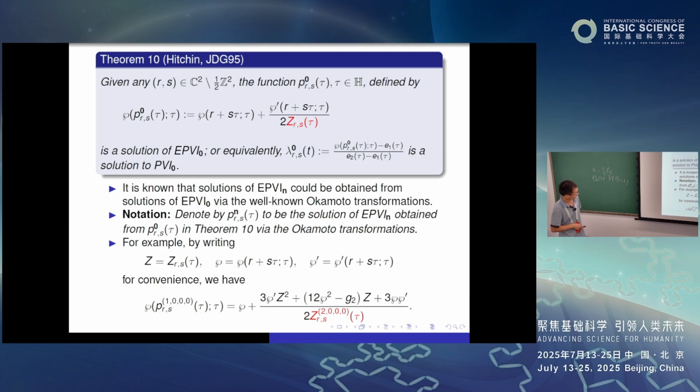For example, if n is 1, 0, 0, 0, then the formula is in this way. So this formula is already a little more complicated than this one. But the important thing is the denominator term is this.